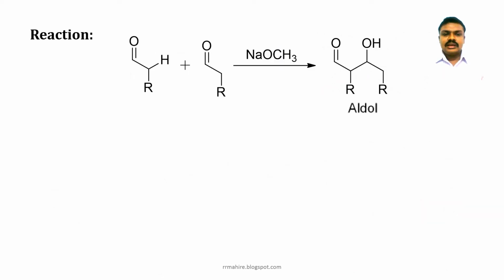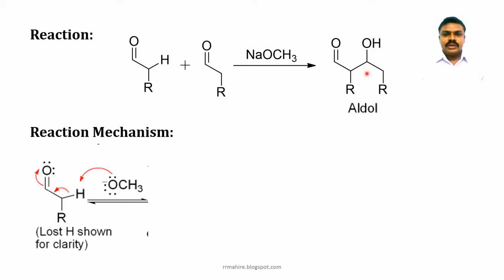This is another example of aldol condensation. Substituted aldehydes, two different aldehydes, are mixed together in the presence of sodium methoxide and give the aldol. See, this is the alpha position, this is the beta position, and we get the aldol. Now see in the reaction mechanism how it actually happens.